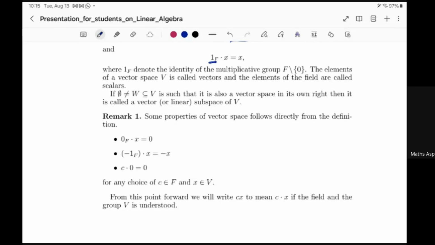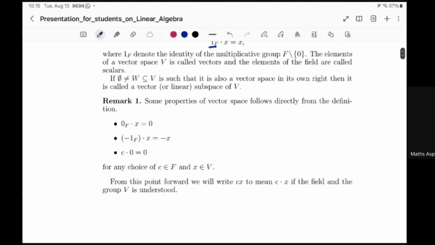Of course, these fields can be made as arbitrary as possible, and you can get different kinds of structures out of it, but that's a different kind of study, which is generally not something that students in linear algebra study. It moves on to a different field. So we are going to restrict our attention to R and Q mostly. That's why we are not really interested in studying this field itself.